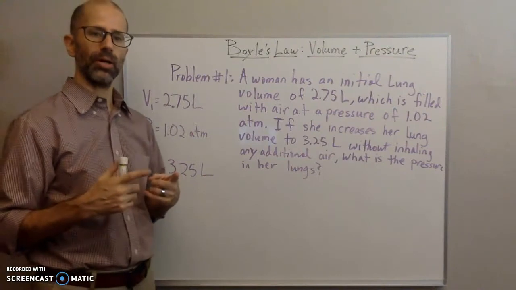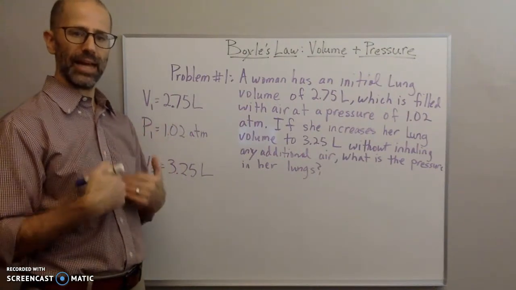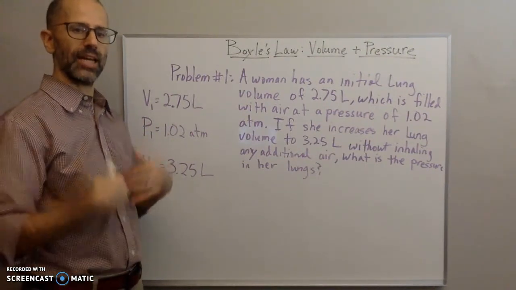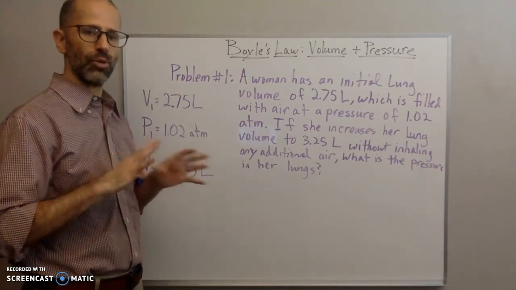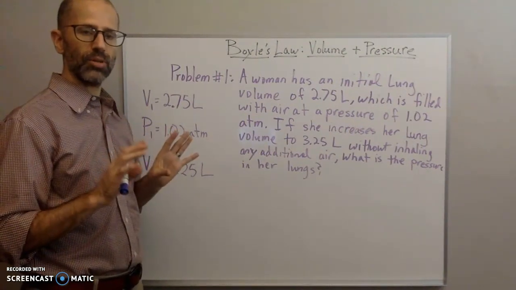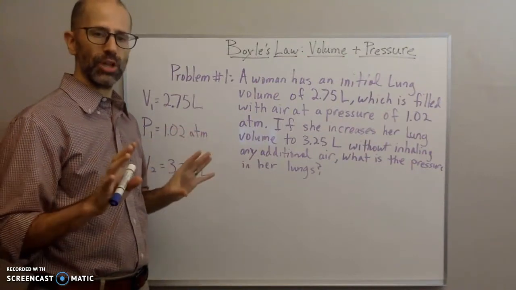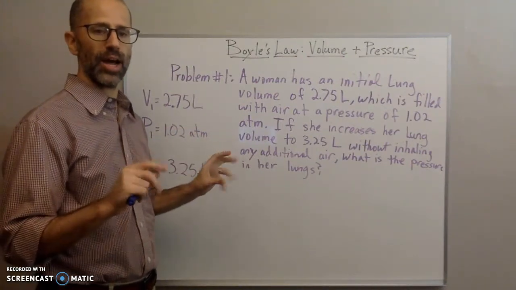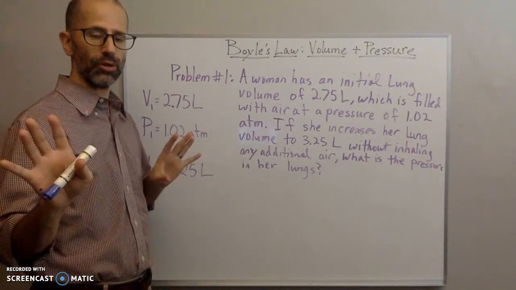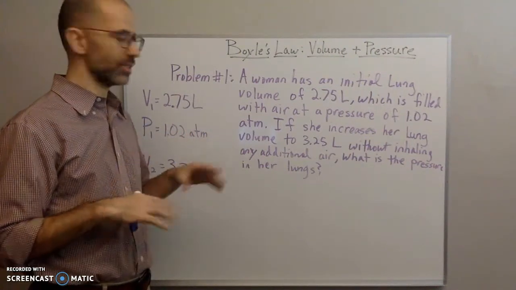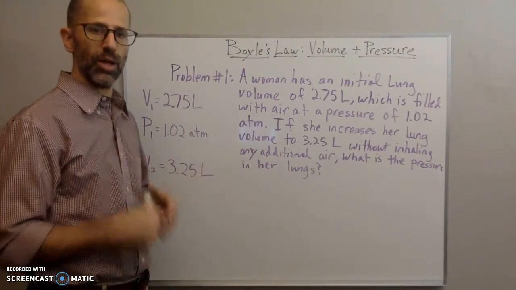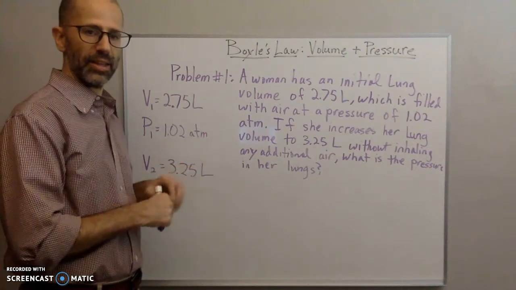That's important because if she inhales additional air, then she's taking in more particles, and that's going to influence the results, because the more particles you have, then that's more force pushing up against the wall. So that's going to affect pressure as well. So we don't want that in there.